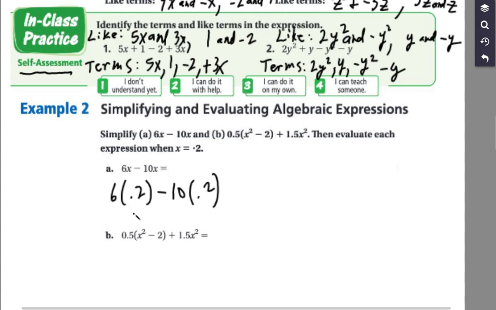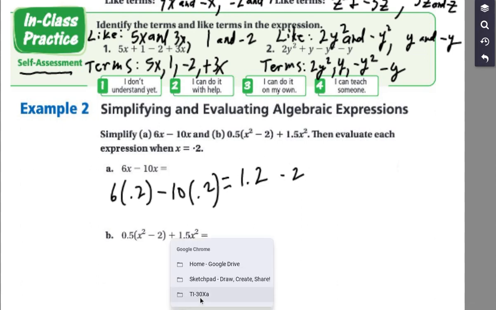So put that in your calculator. 6 times 0.2, that's going to be 1.2. And then we'll evaluate 10 times 0.2, which is 2, like that.